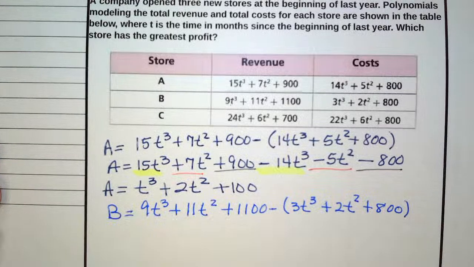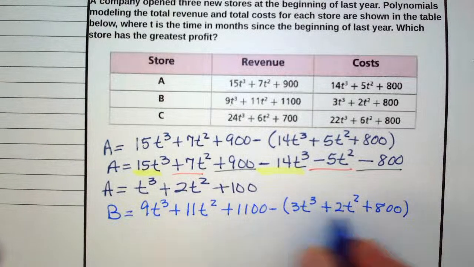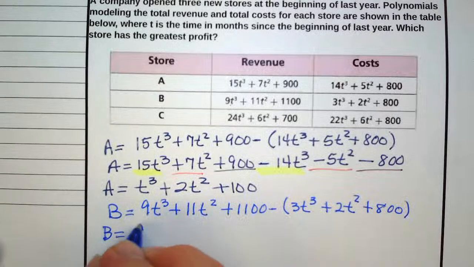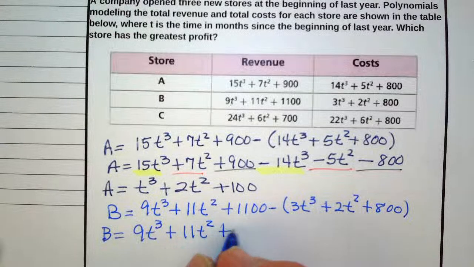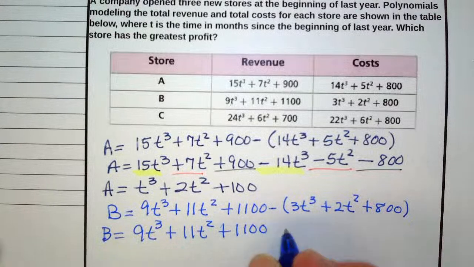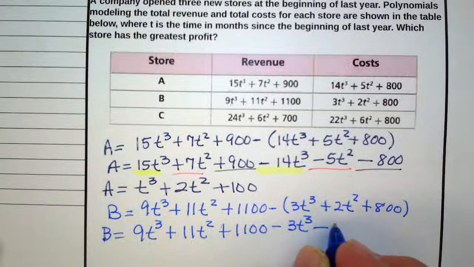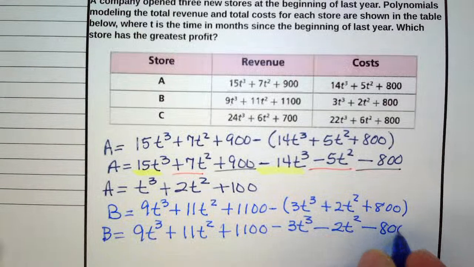They seem to like that plus 800, don't they? Okay, distribute the negative sign. Make sure everything changes to its opposite. B is equal to 9t to the third plus 11t squared plus 1100 minus 3t to the third minus 2t squared minus 800.